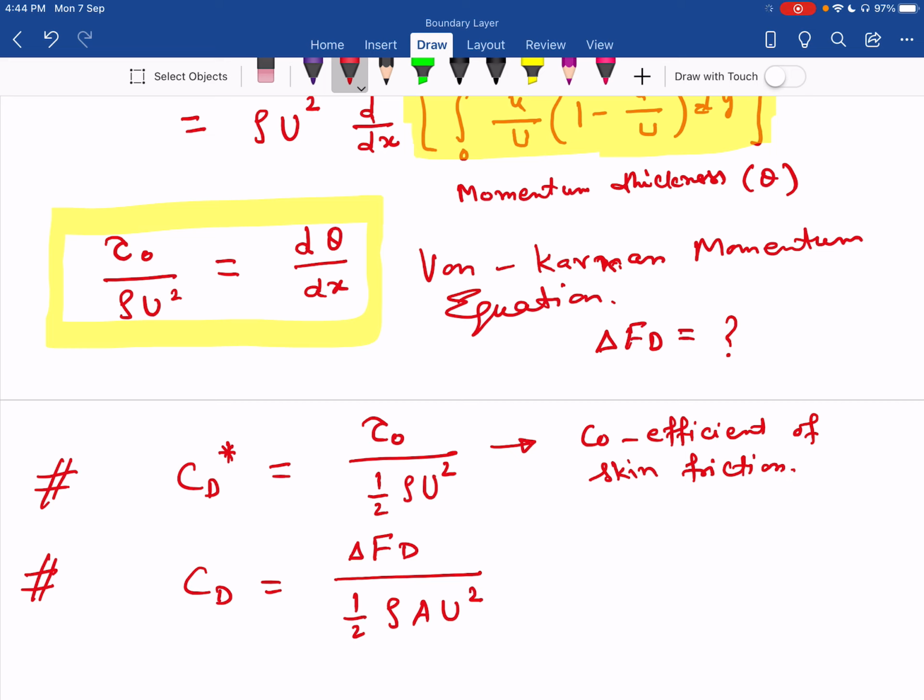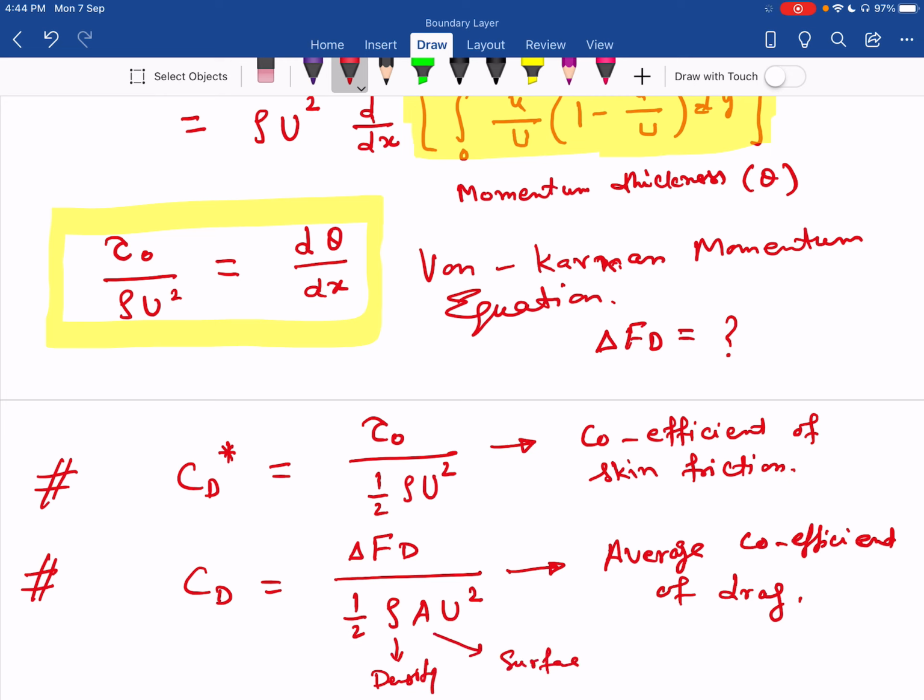This term is called the average coefficient of drag, where rho is the mass density, A is the surface area per unit width of the plate, and U is the free stream velocity.